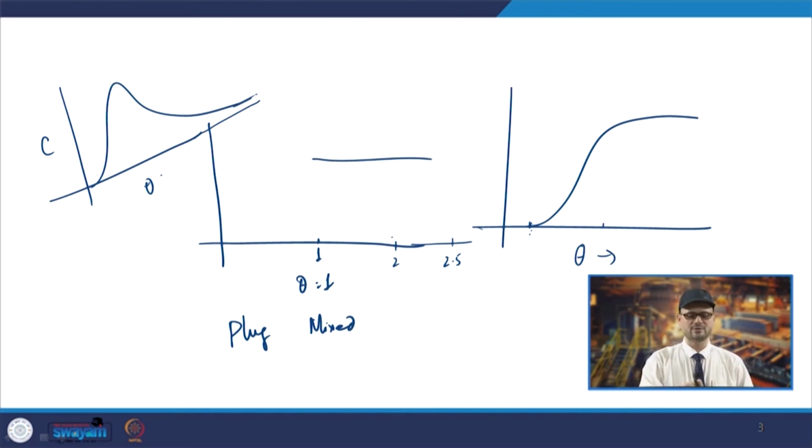We discussed the plug and the mixed flow which is happening inside the tundish. What is meant to be said is that these two extremes, idealized plug flow and idealized mixed flow, are the two extremes, but the actual flow will be in between these two kinds of flows.